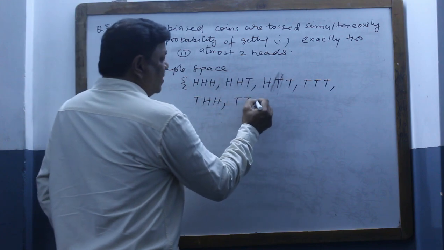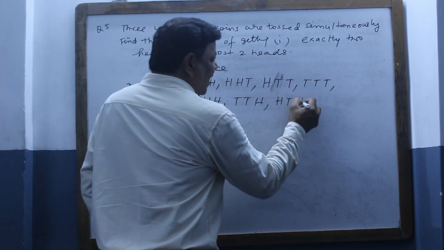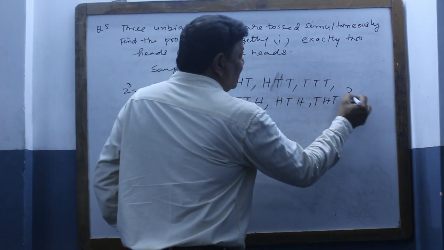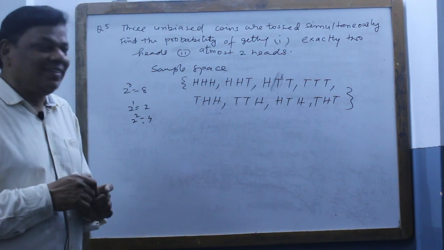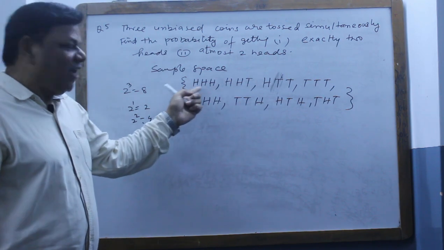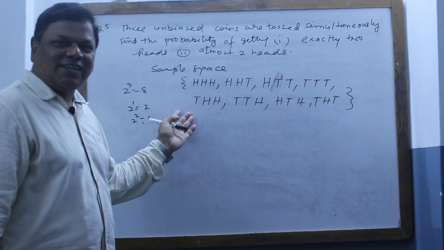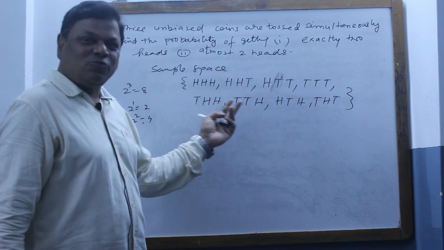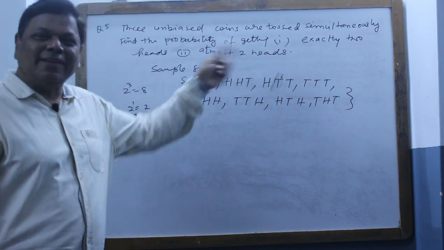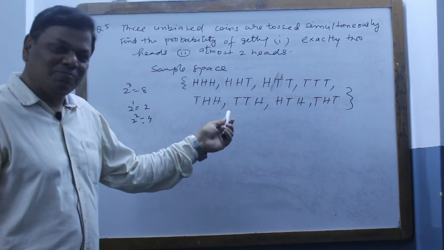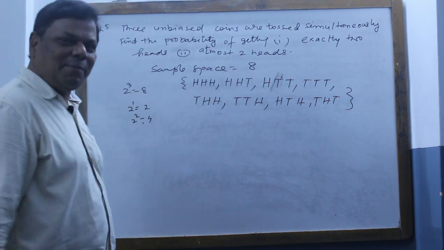Then 2 tails and a head can come. This is the easiest way to write, otherwise you will be confused. 3 heads, write down. 1 head removed, T written. Then 2T, then 3T. Then from this, head starts: T, then 2 heads. Then 2T, then head. One time T in the middle, one time head in the middle. Then 8 will come. So the total number of sample space is 8. Clear? Sample space 8.